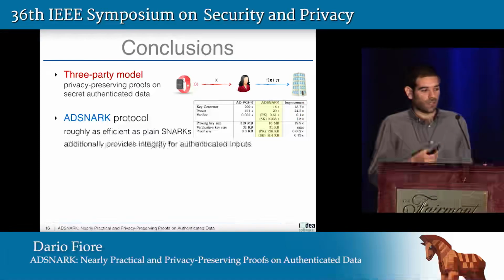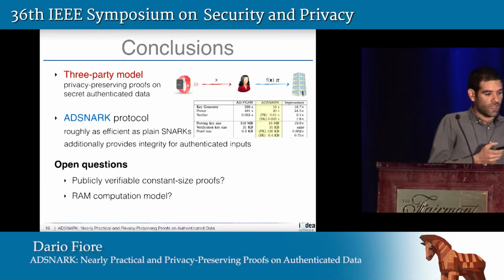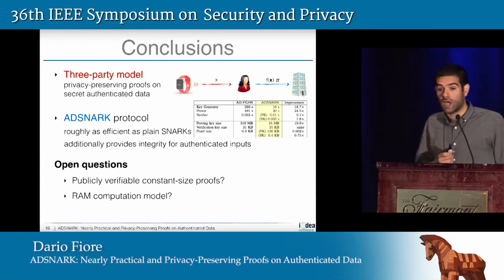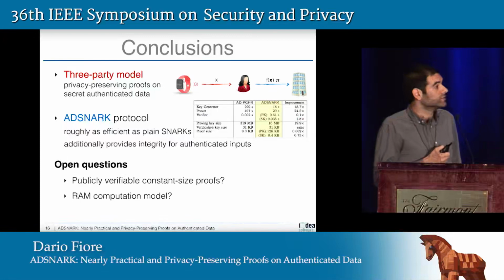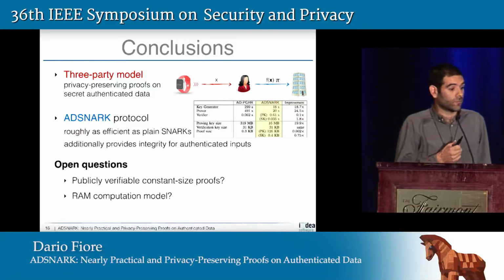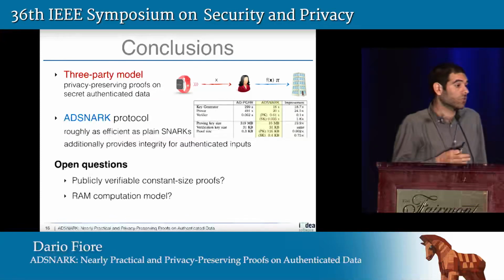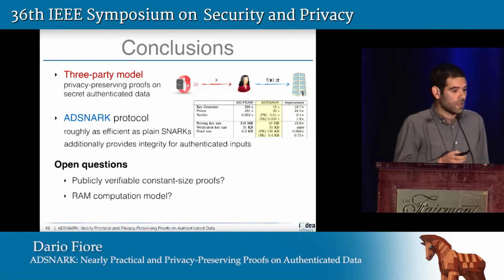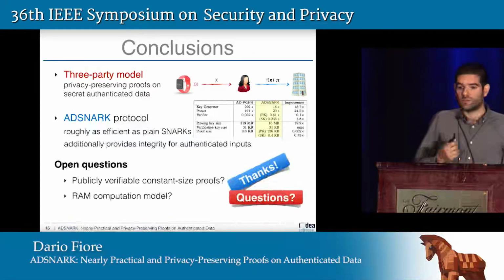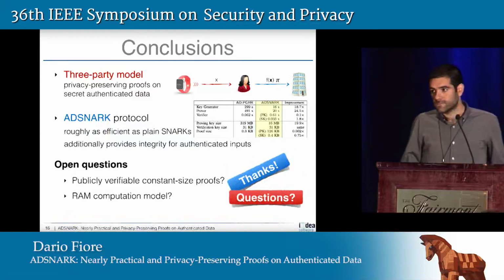Our work leaves some open questions, for example, how to achieve publicly verifiable constant size proofs. I think it's an interesting direction to further optimize this solution. Also, it's not clear yet if these techniques would extend to the RAM computation model. That concludes my talk, and I'll be happy to take questions.